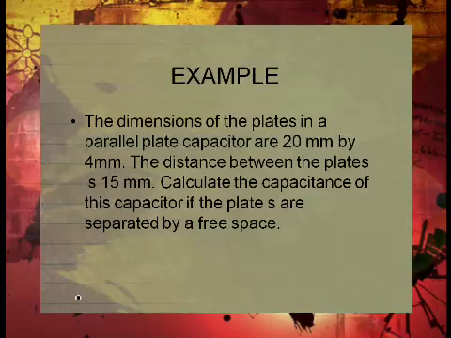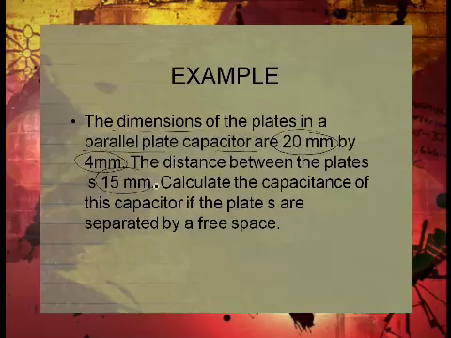Now, let's look at this example here. The dimensions of the plates in a parallel plate capacitor are 20 millimeters by 4 millimeters. The distance between the plates is 15 millimeters. Calculate the capacitance of this capacitor if the plates are separated by free space. Okay, now, free space.